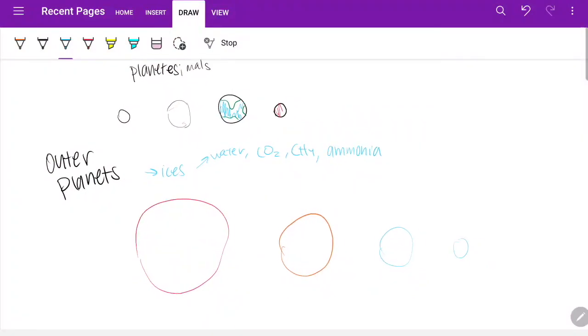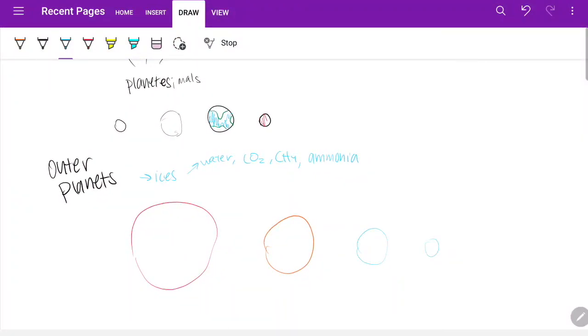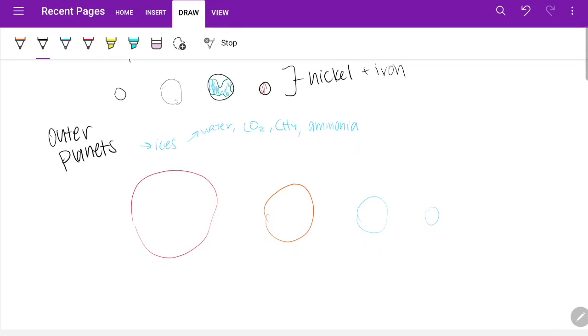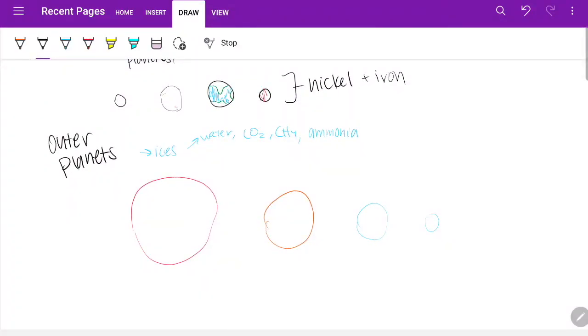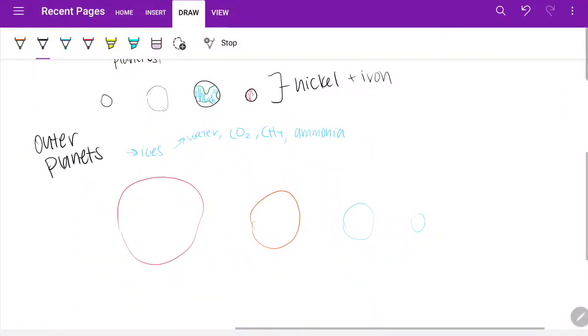We mentioned earlier how supernova explosions and fusion helped create the other elements, things like oxygen and carbon, from hydrogen and helium. One thing that's interesting is nickel and iron came together to form the cores of most of the inner planets. And while there was a lot of nickel and iron in the outer planets as well, they're also so massive that they were able to hold on to some of the lightest elements.